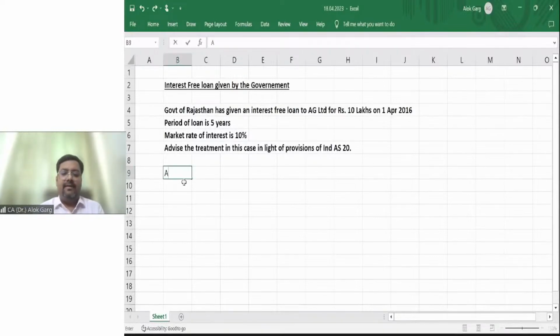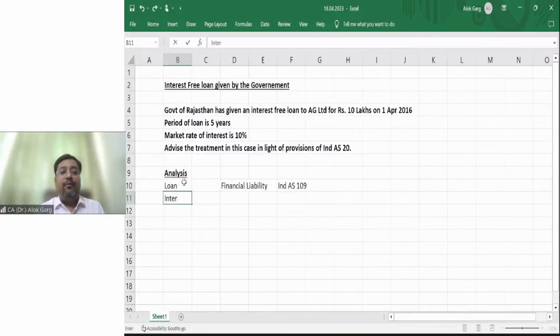In this case, let's discuss this part. Analysis. In this case, this loan will be treated as a financial liability, which has to be measured as per Ind AS 109.